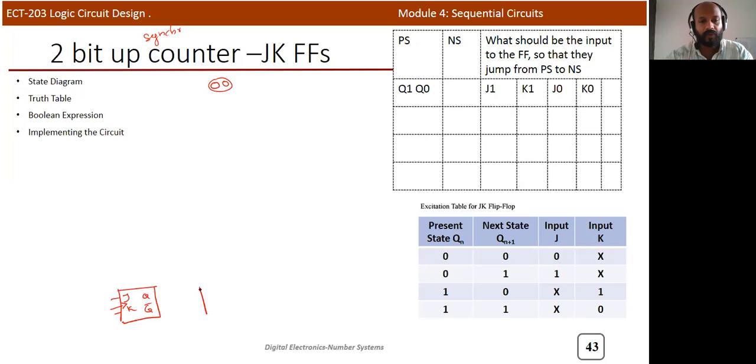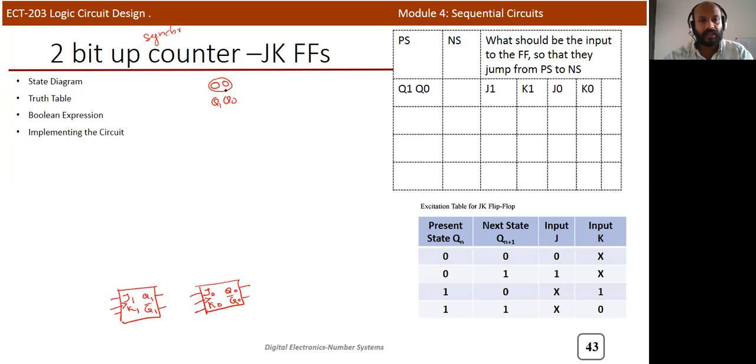Similarly, we can consider the other flip-flop, which has J, K, a clock signal, and Q and Q bar. So we can indicate Q1, J1, K1, Q1 bar, J0, K0, Q0, Q0 bar. So the states are indicated by Q1 and Q0.